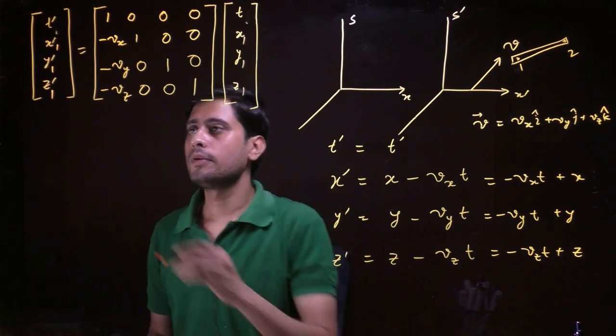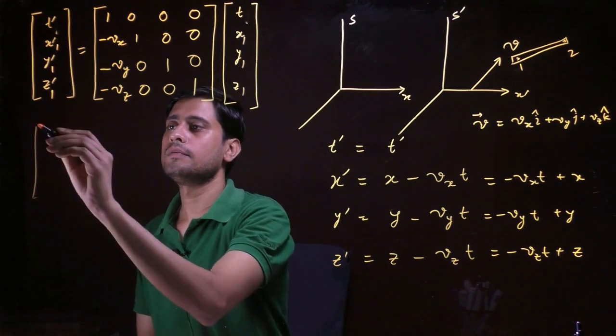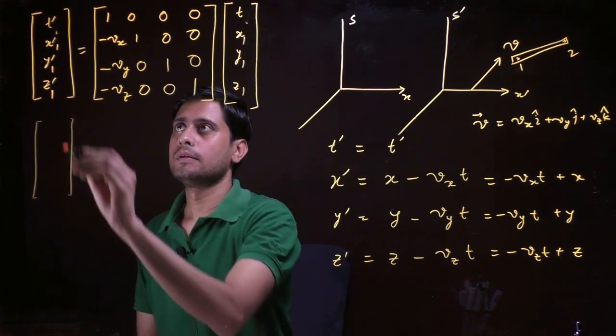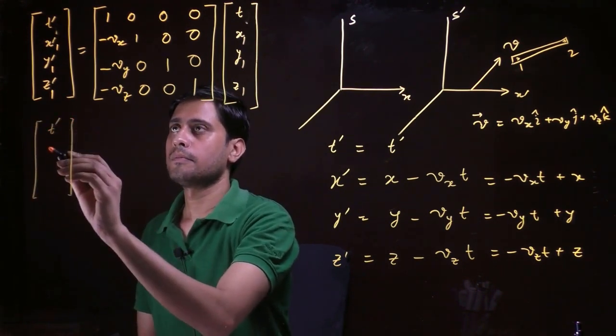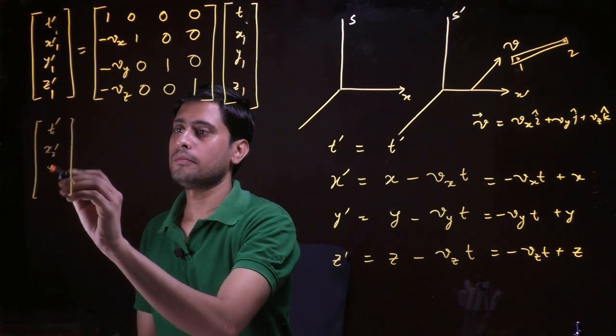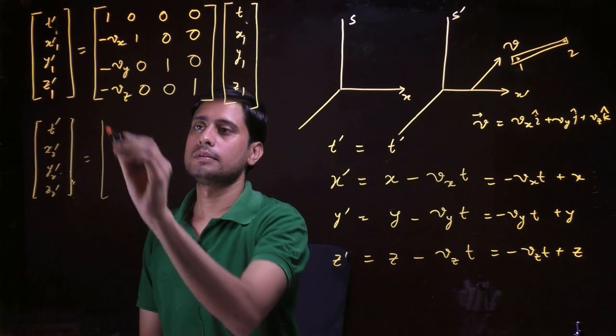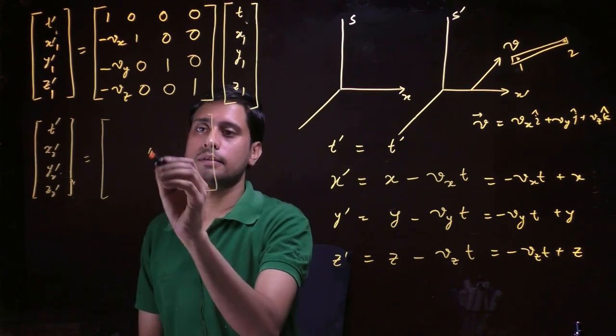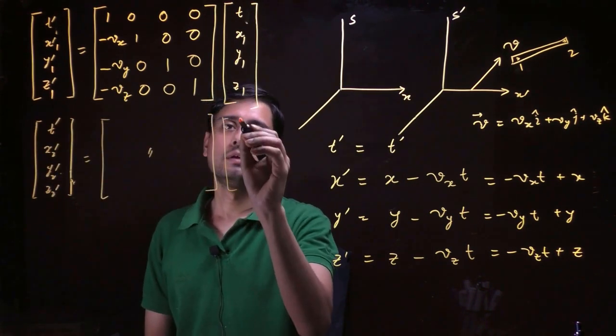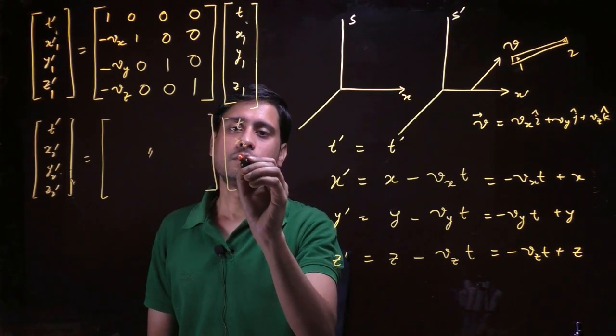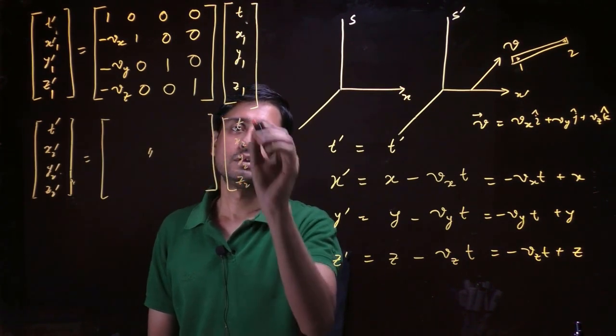And similarly you have to write for the other end, which is t prime, x2 prime, y2 prime and z2 prime equals the same matrix multiplied with t, x2, y2 and z2.